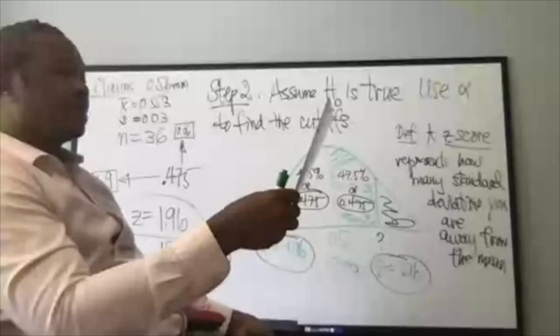Now, in our situation, the number was there. But if the number is not there, just use whichever one is closest. Oh, I'm sorry, not 0.04, 0.4.